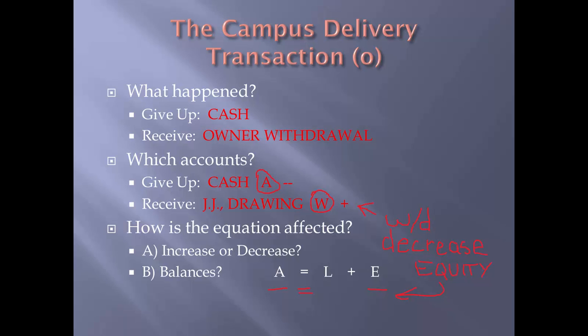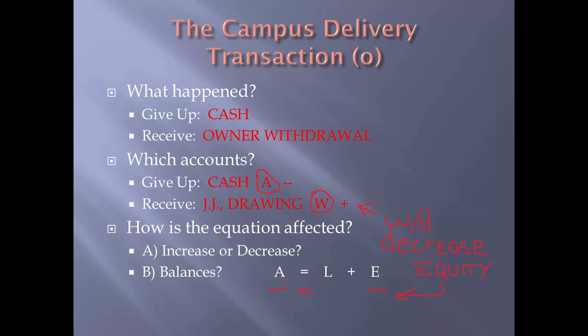Here is transaction O, which is an owner withdrawal. Here, the owner took money from the business. From the eyes of the business, we don't care about the owner. The owner received cash, but we care about the business.